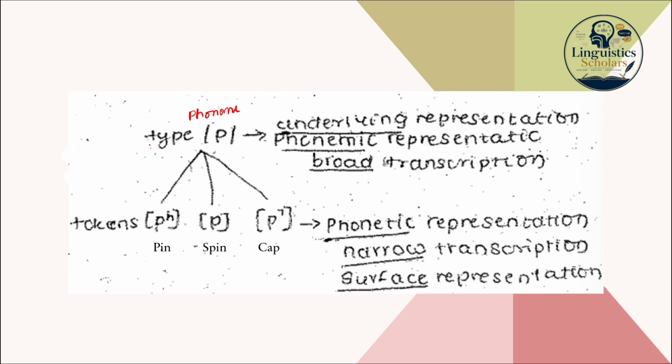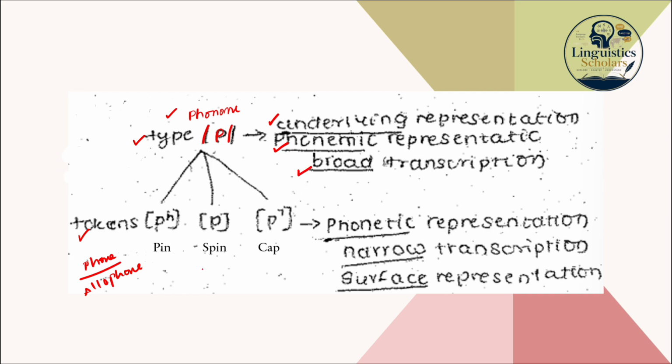This is basically the phoneme, right? And this is the phone, and we can call them allophones as well. This phoneme is also called a type, and the allophones are called tokens. The phoneme written in slashes is also called underlying representation, phonemic representation, or broad transcription.